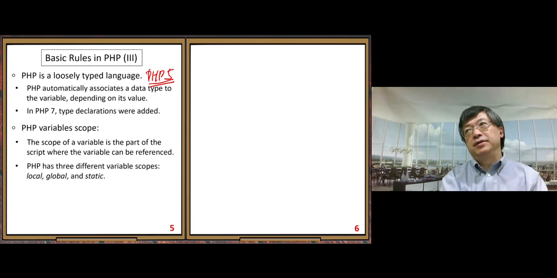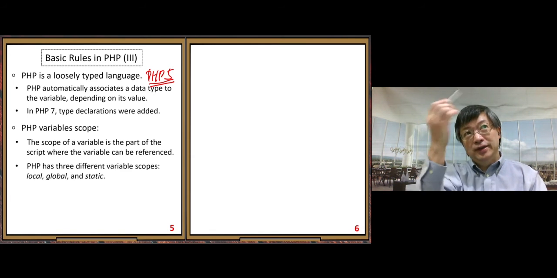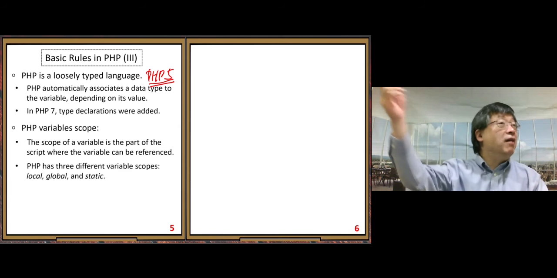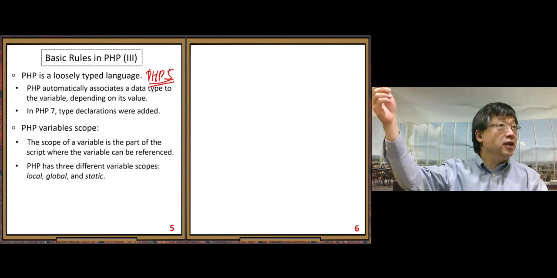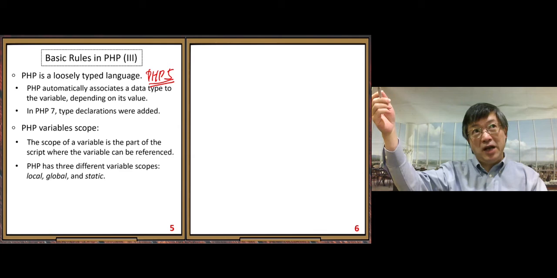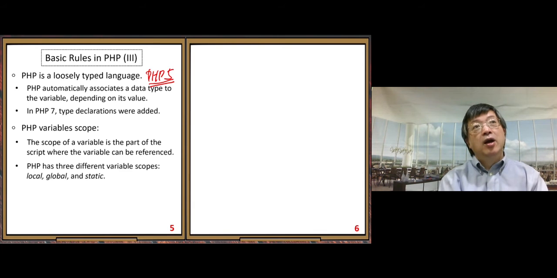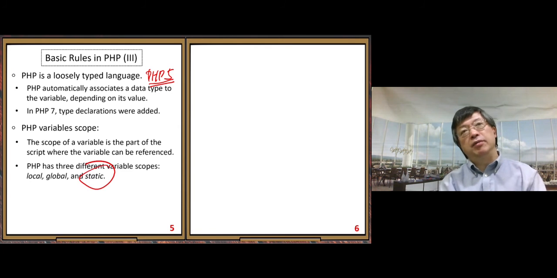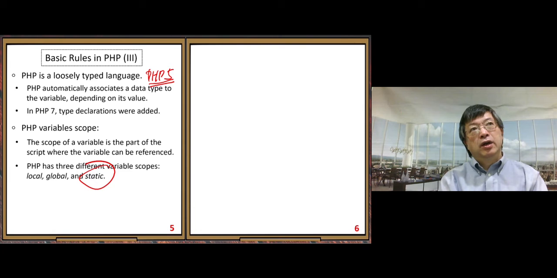Another one, static variables. Similar to the static instance variables in Java, right? But for this class, I do not want to talk about static variables. The reason is simple: it is rarely used. Usually people do not use it.